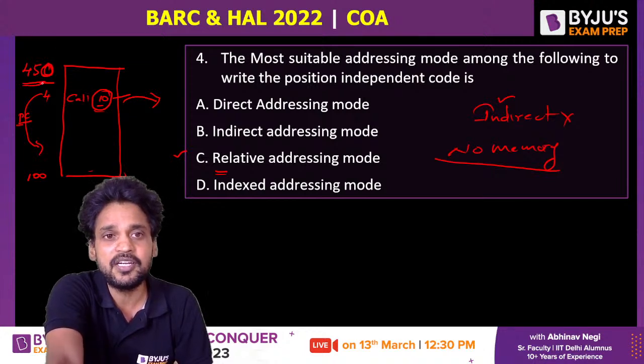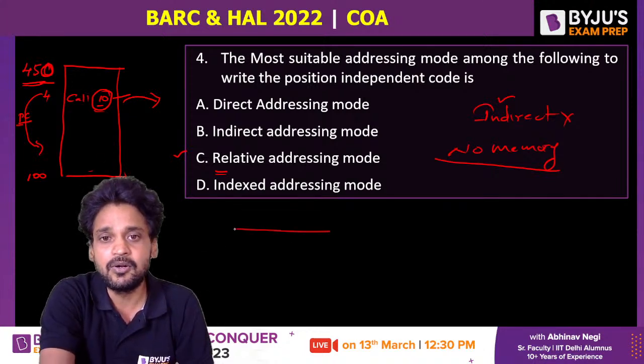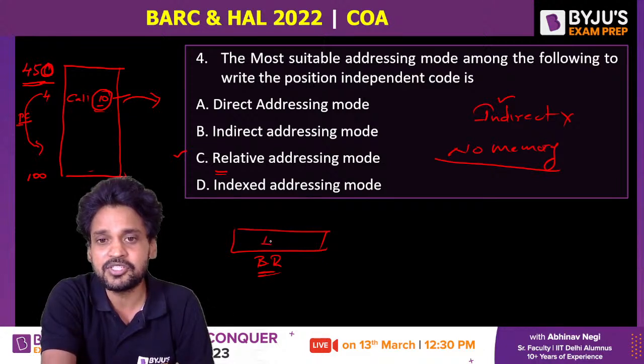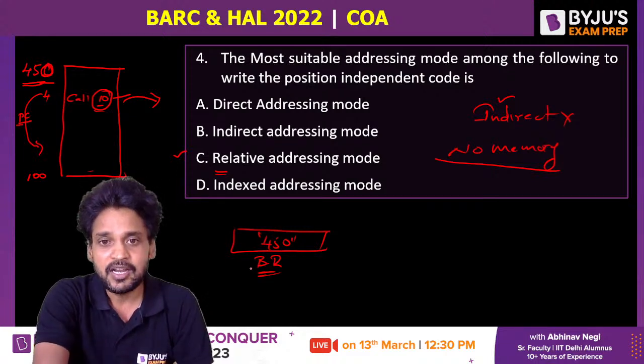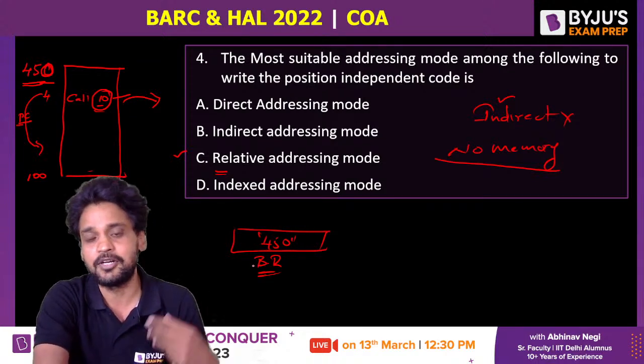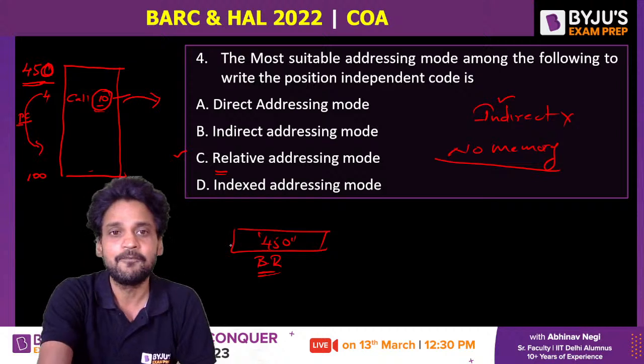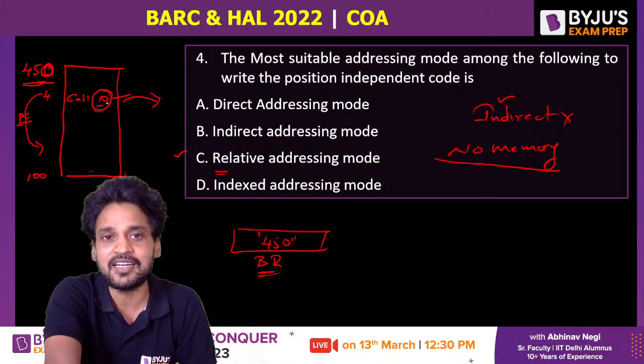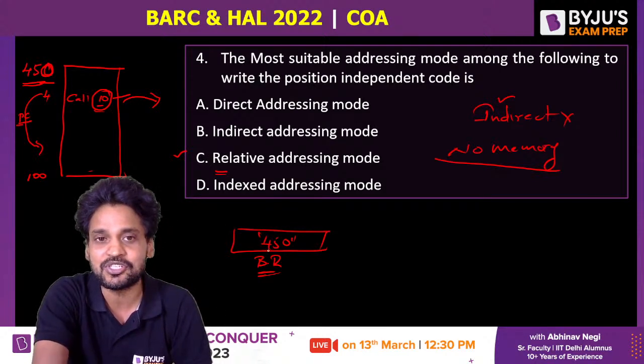This 450 will be loaded into the base register within the CPU. Base register is 450, meaning the program is starting from the 450th location. After which, every time a branch instruction is executed, the offset given in that instruction will be added to the base register's content.